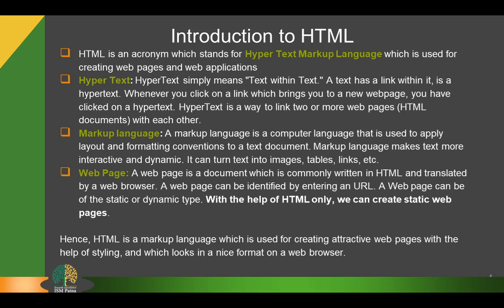Only then are you able to create an interactive and attractive web page. Without implementing CSS or JavaScript, we can't imagine an interactive or attractive web page using only HTML code. So now we will study what HTML is and how we can develop a web page using HTML tags.